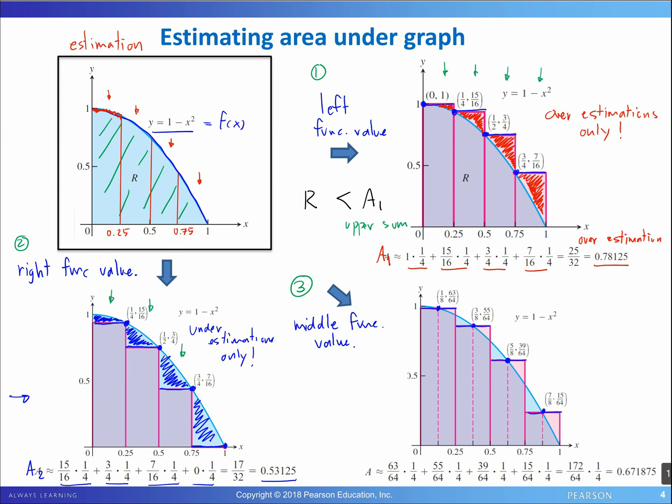Actual region is larger, same thing down here. This means that the value that we have down here, 0.53, is going to be underestimation, smaller than it should be. And it also means that A2 has to be less than the area of the actual region R. In this case, A2 is like the lower limit of the actual region, so we call it lower sum.